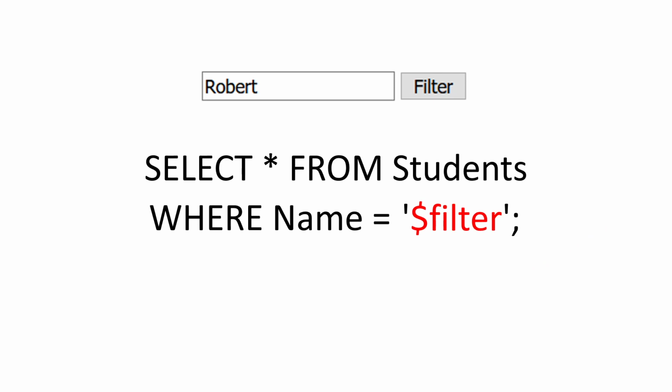It looks something like this: select star from students where name equals quote, and then we do a variable substitution for $filter, unquote, semicolon. It's very straightforward. We're just constructing a SQL statement in real time. If we enter Robert, that ends up being select star from students where name equals quote Robert. But what if somebody decided to maliciously enter something that would rewrite our SQL statement?